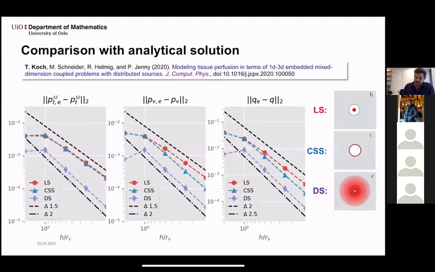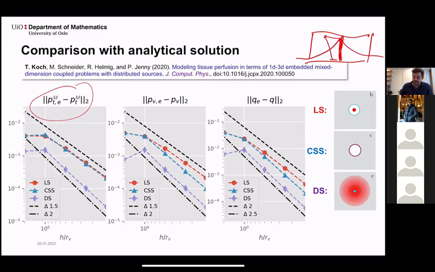So in these convergence plots, we cannot really compare the errors in the 3D pressure, but the solution inside the vessel. So we're looking here at the problem of some cube, and there's a vertical vessel. The analytical solution has some pressure gradient over this vessel, and it's kind of this logarithmic thing in the 3D.